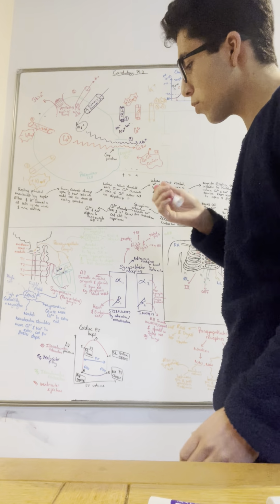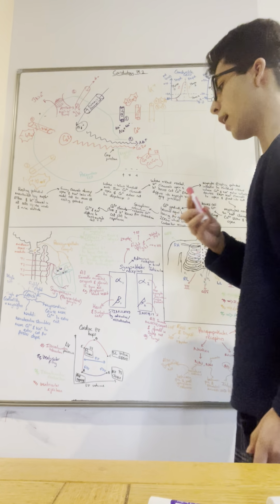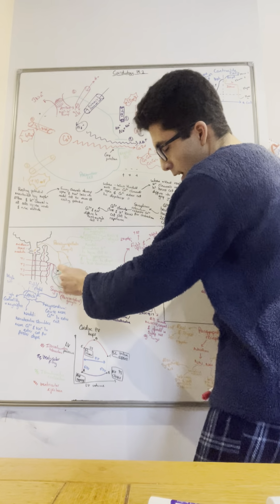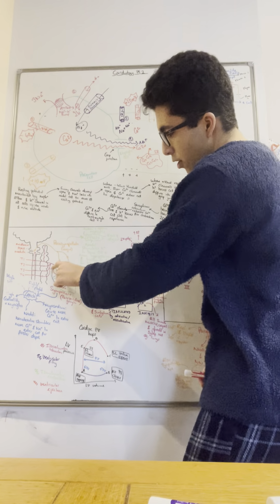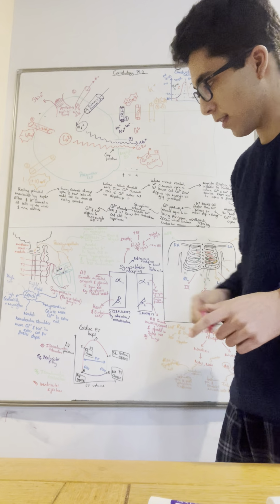Okay. We've also got inotropic effects, so positive inotropic effects with our sympathetic nervous system. Because if you see here, our postganglionic neurons, they don't just go to our conductile cells, they go to our contractile cells as well.